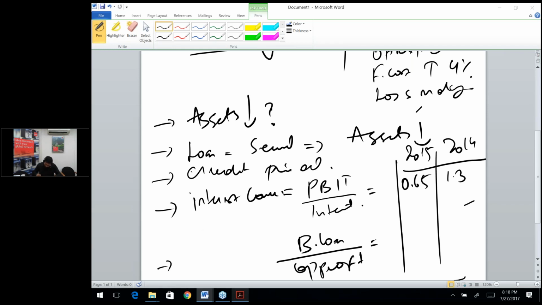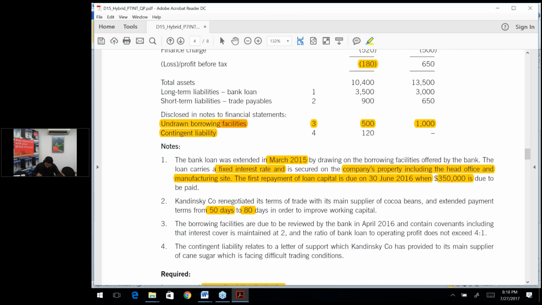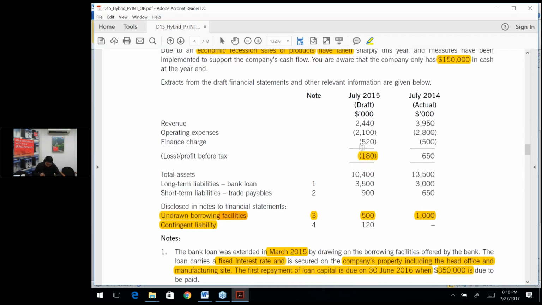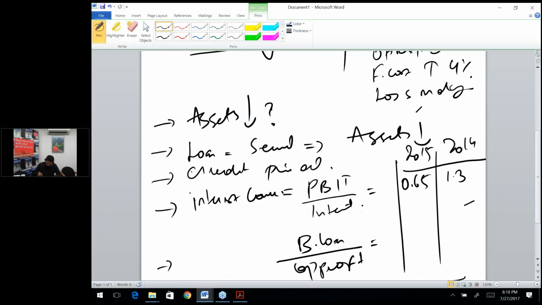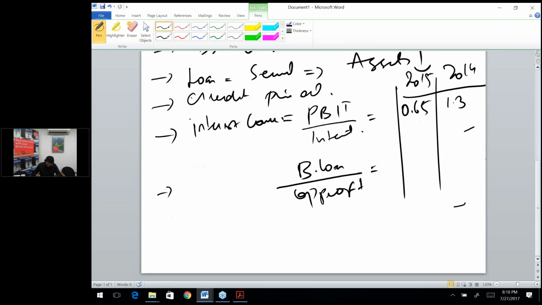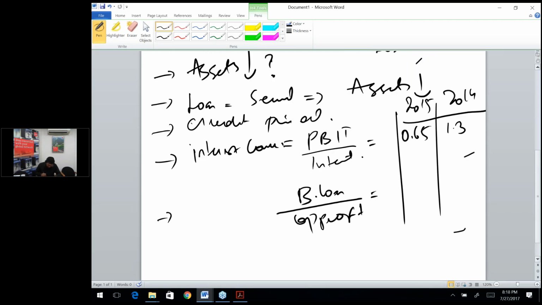You see, the revenue is there, the operating expenses are there, the finance cost is there. So you need to calculate the PBIT first.